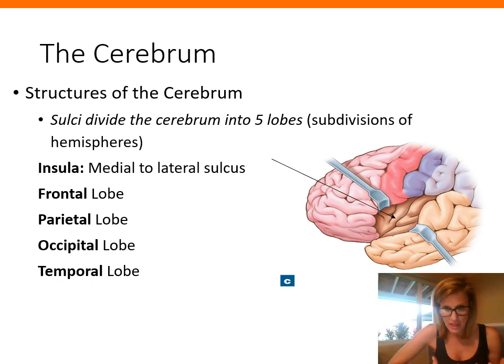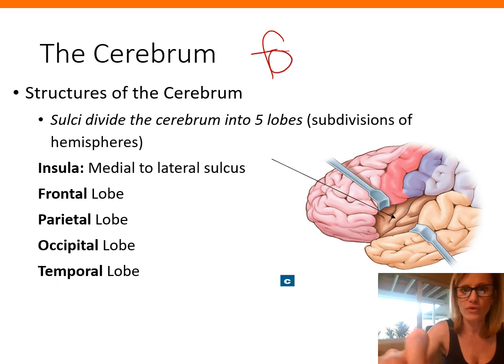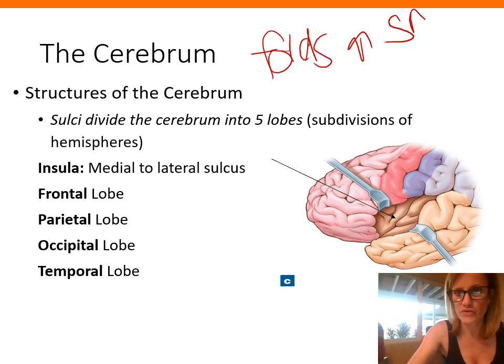The neural cortex or cerebral cortex that covers the cerebrum, that makes up the outside of the cerebrum, is highly folded. It folds in on itself, and the reason it folds is that the folds increase the surface area.